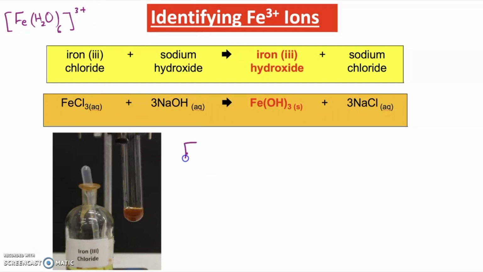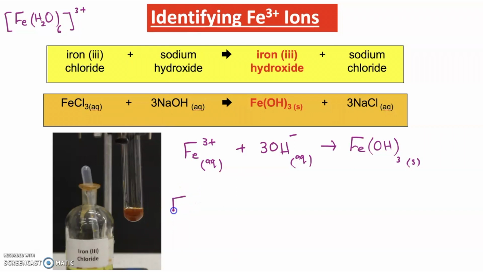Now when writing the ionic equation, I can write it as Fe3+, and this is aqueous, reacting with 3 OH- ions. Again, this would be aqueous because we have a solution reacting with a solution, and we would form the precipitate, which would be Fe(OH)3, and that would be a solid.